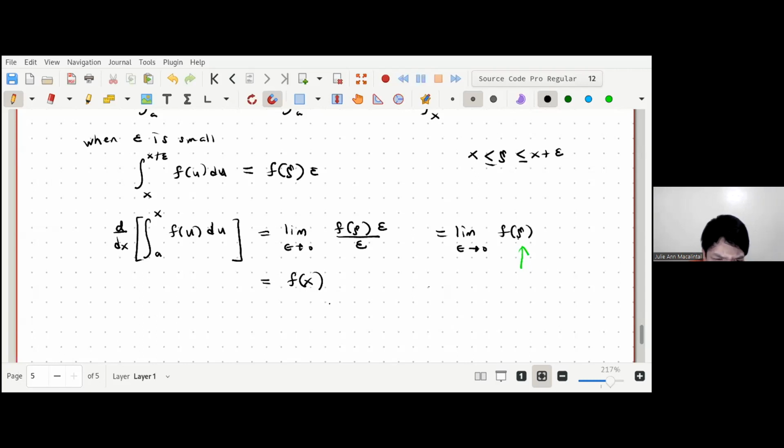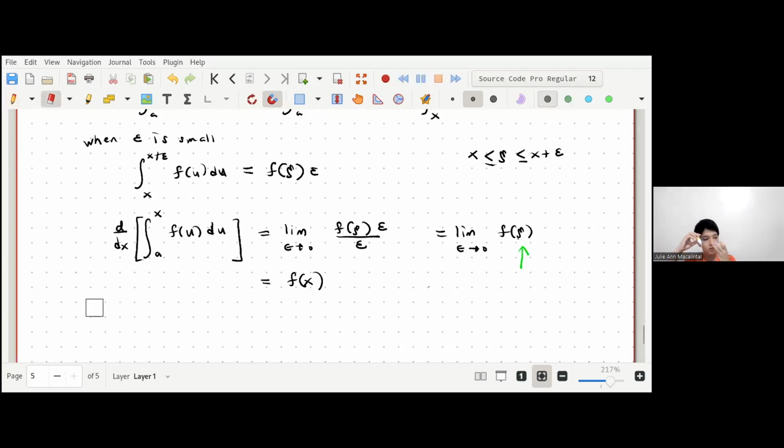Okay, so bago natin gawin yan, gusto ko lang na meron tayong exercises on the fundamental theorem para may practice. Okay, so punta ka sa section 4.7.